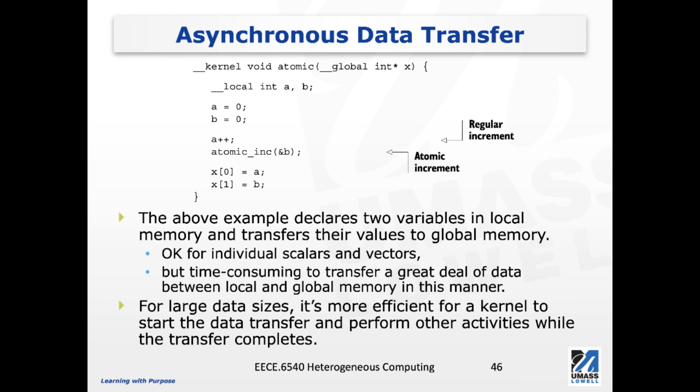This is useful for individual scalar values and vectors. But if you want to transfer a large amount of data between local memory and global memory, it is very time consuming. For large data sizes, it is more efficient for the kernel to start the data transfer and perform other operations while the data transfer is being completed.